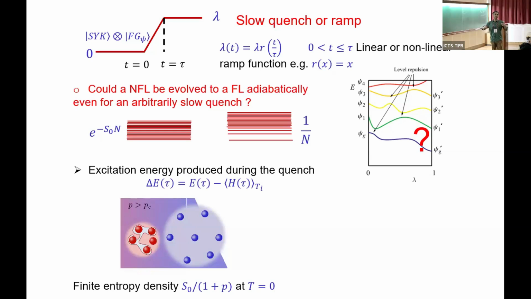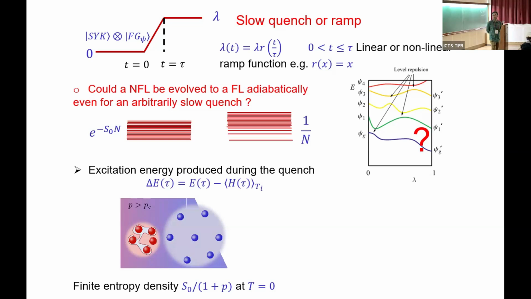So even if I do it very slowly, it will never be able to stay in the ground state of the Fermi liquid. That's the expectation. And so this should say that it should violate adiabaticity.